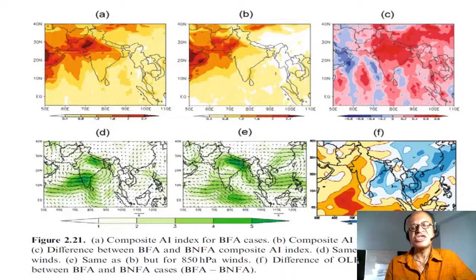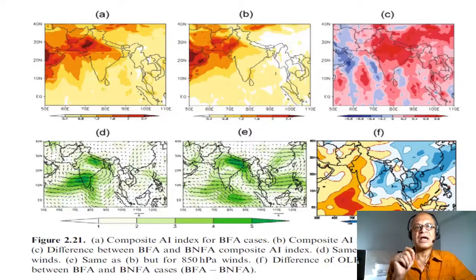So the main thing to remember is that the aerosols diagnostically show that there is an impact of aerosols on the transition from break to active periods. Obviously during active periods aerosol loading has to be much less. There is the washout effect, so the transition from active to break is not so affected by aerosols.